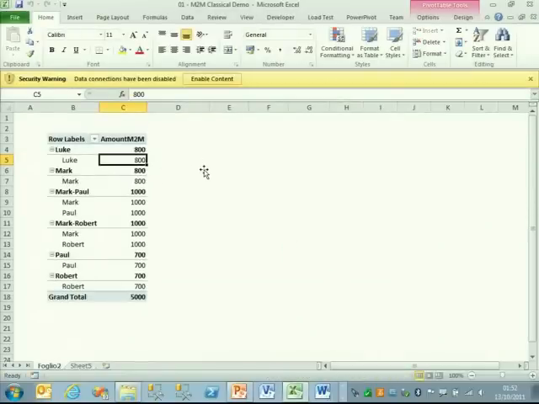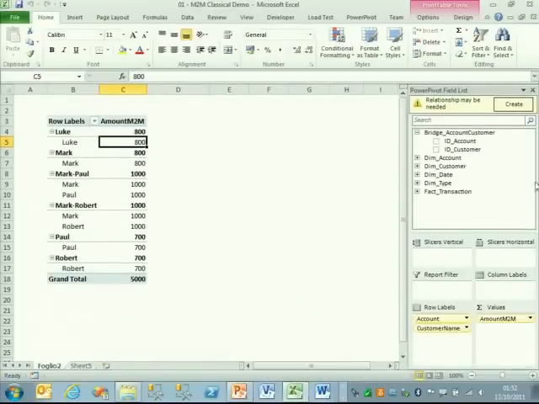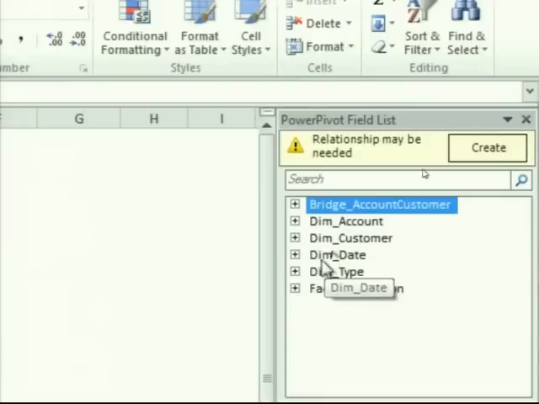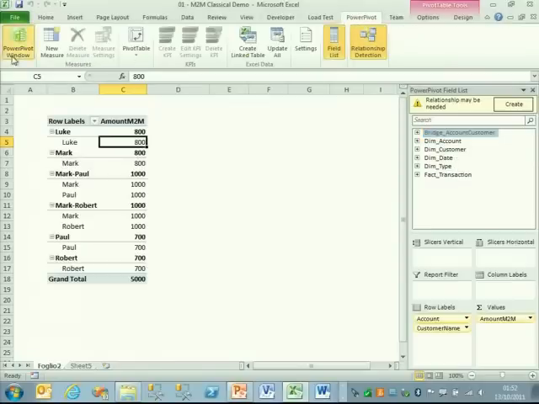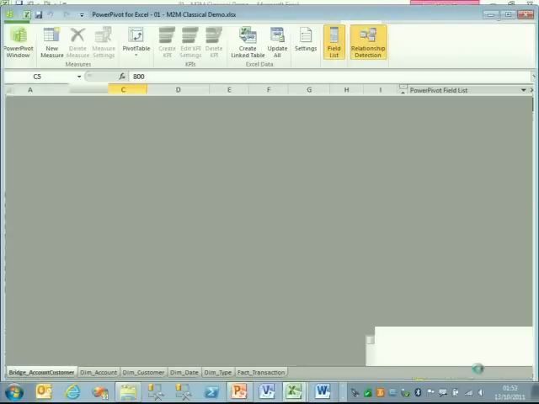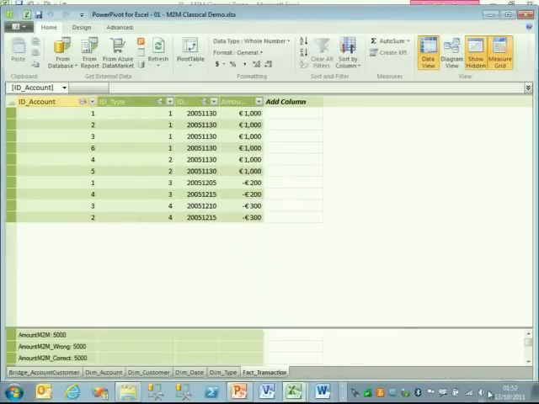Here we have Power Pivot started. Our data model has the bridge table, account, customer, date, the type of transaction, and finally the fact table containing the transactions. If we go to the Power Pivot window, we can use the diagram view to see how the relationships are set up.